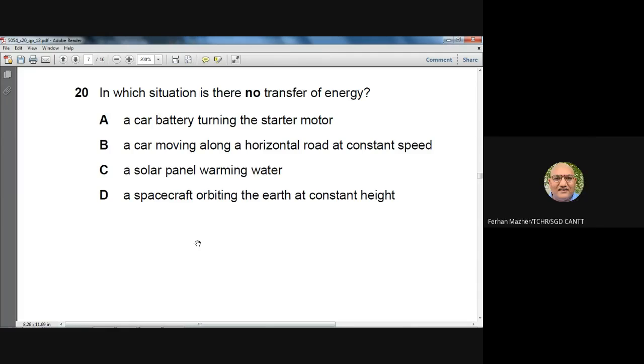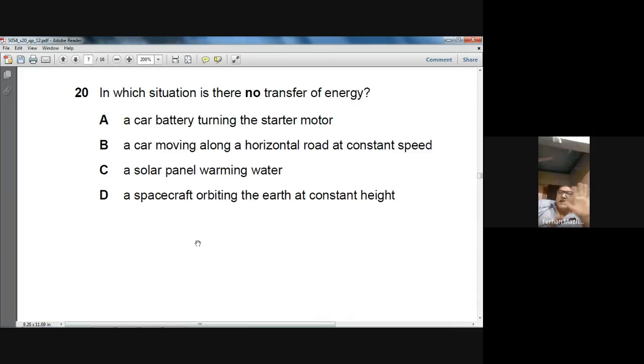In which situation is there no transfer of energy? A car moving along a horizontal road at a constant speed, you see, and a spacecraft orbiting the earth at a constant height. There will be no transfer of energy taking place.